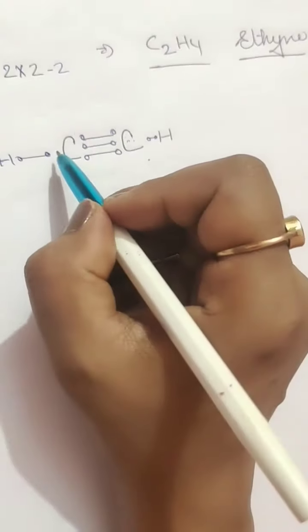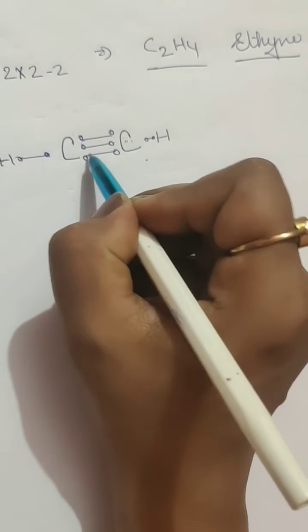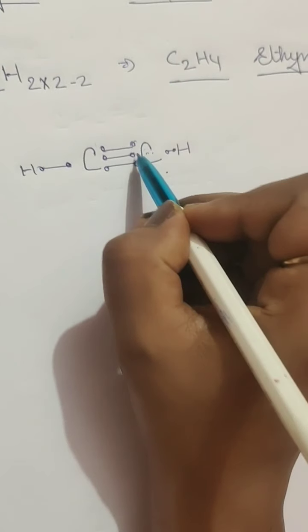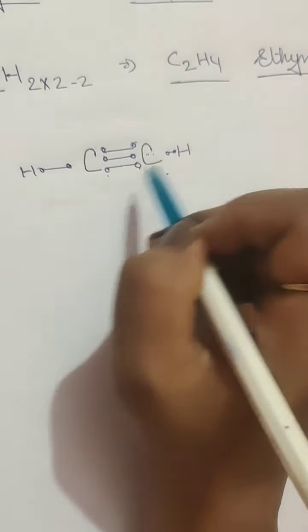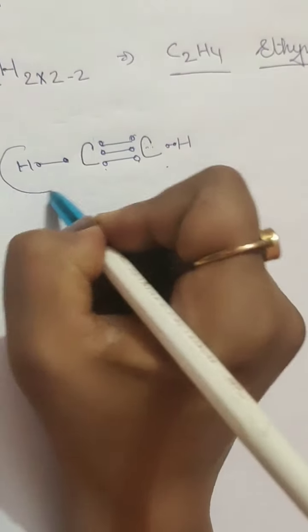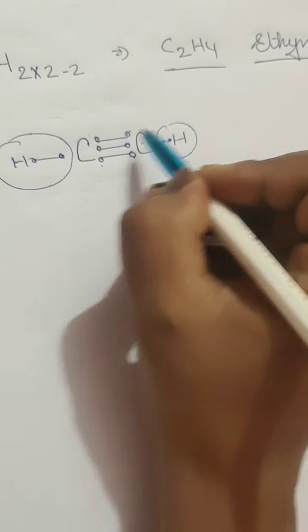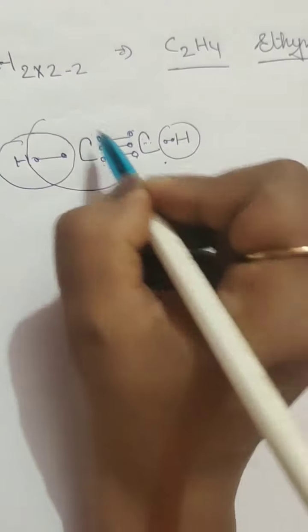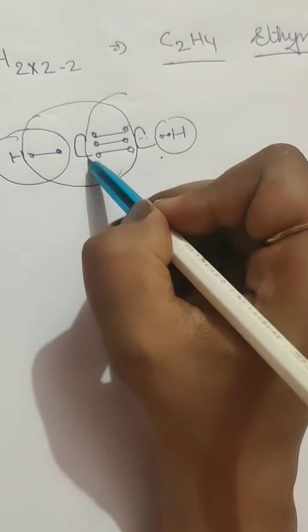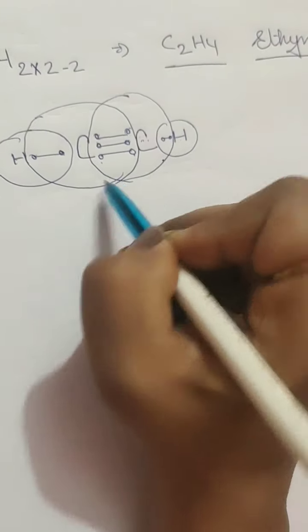So now if we count 1 2 3 4 5 6 7 8 for this carbon, and 1 2 3 4 5 6 7 8. So all the carbons are having 8 electrons, and hydrogen also has 2 electrons. That means it is having 2 electrons here, 2 here, and this carbon is sharing 4 electrons and getting 4. So here is this. Did you get it?